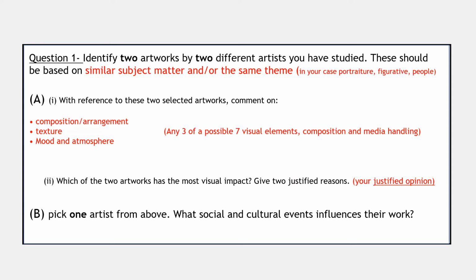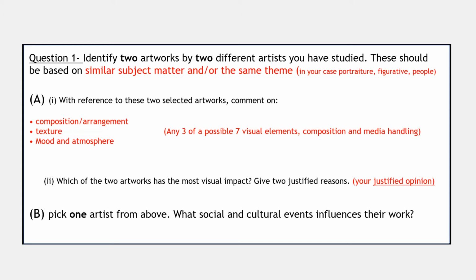Okay, I'll start by going over the format of the question in your homework. So this question is in the style of an exam question, where you're firstly asked to identify the two artworks by two different artists that you've been studying in class.